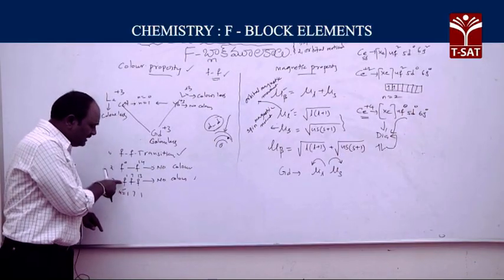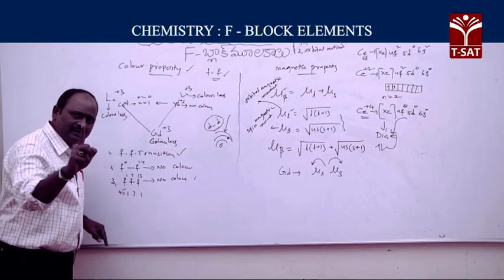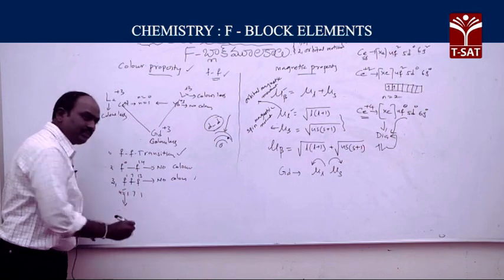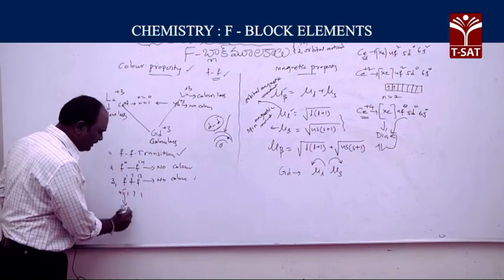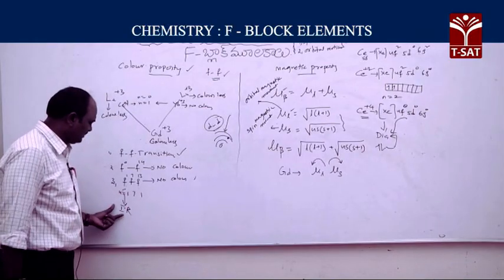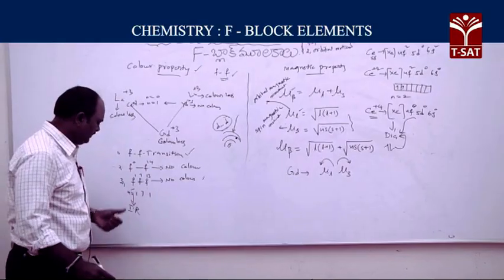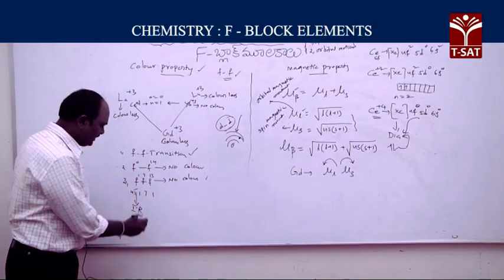But in the case of the inner transition element, even though it has one unpaired electron, it does not exhibit the color property, due to the absorption of IR radiation, infrared radiation, by the inner transition elements. Therefore, that ion does not exhibit the color property.